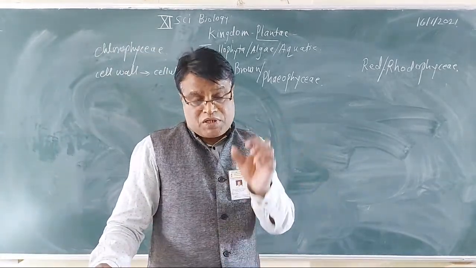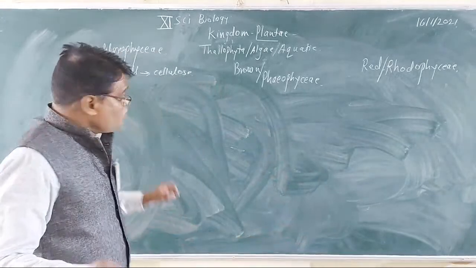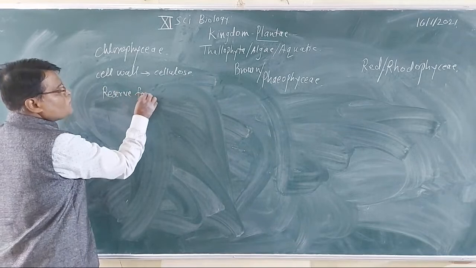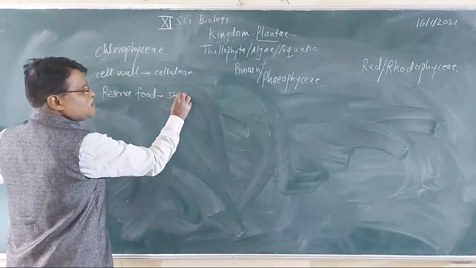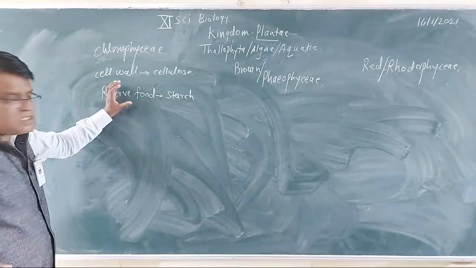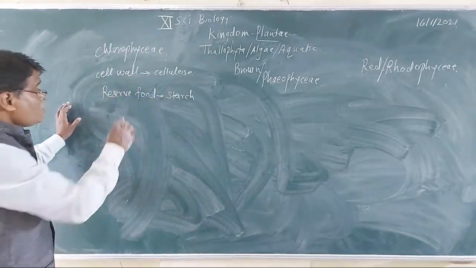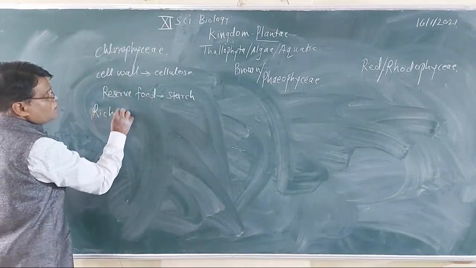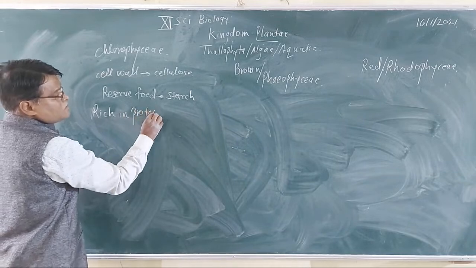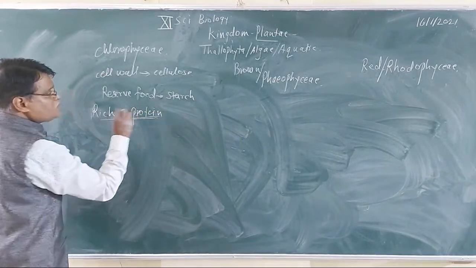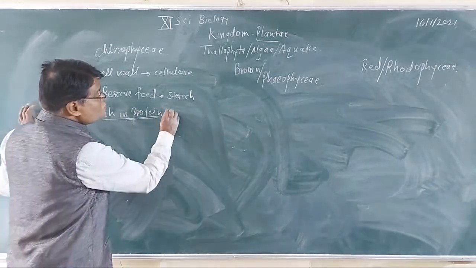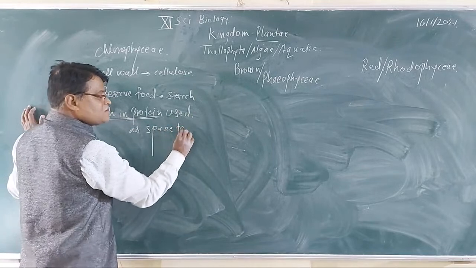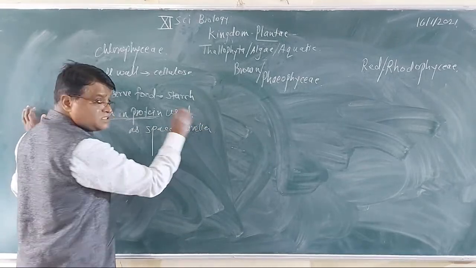Next, the reserve food material is starch. One peculiar character to observe is that it is rich in protein content, so this algae is used as food by space travelers, isn't it?